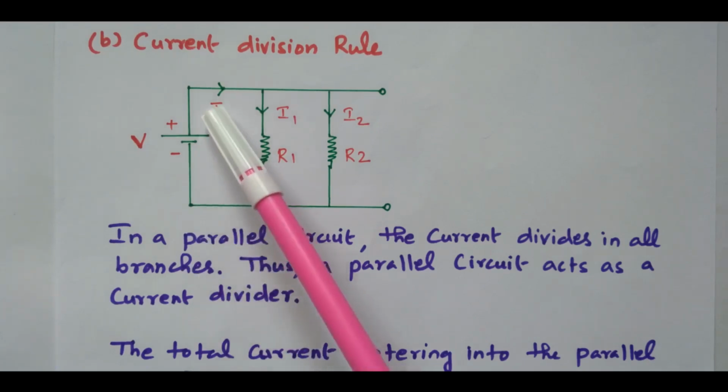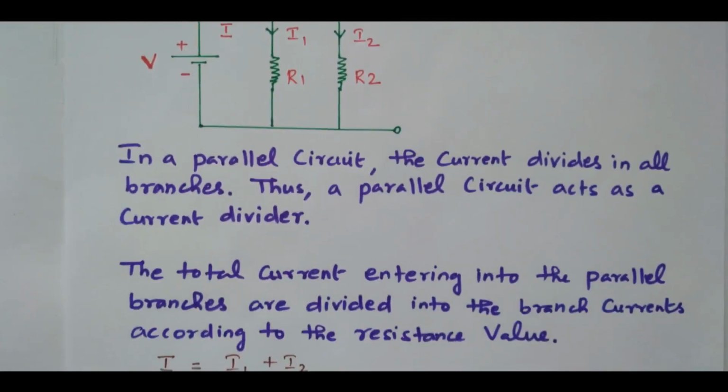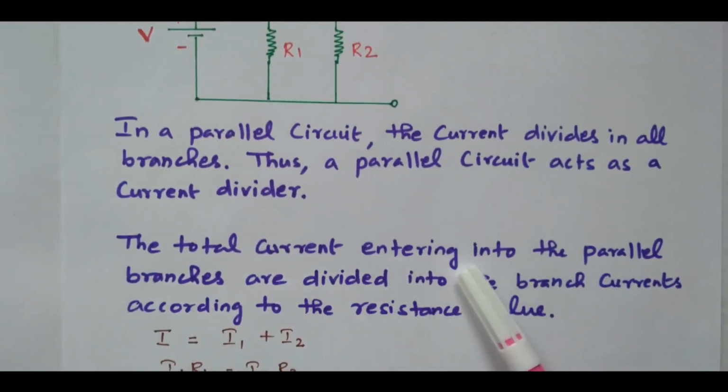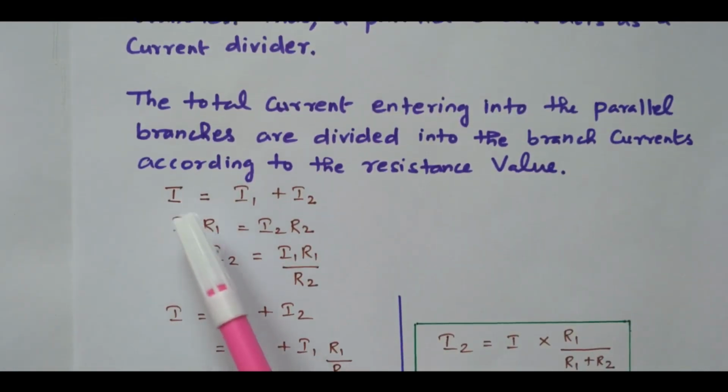So the total current I equals I1 plus I2. That is a very basic formula. The total current entering the parallel branches is divided into branch currents according to the resistor values. So we'll go for the derivation. The basic thing is I equals I1 plus I2, the total current equals the current flowing through the resistors, I1 and I2.